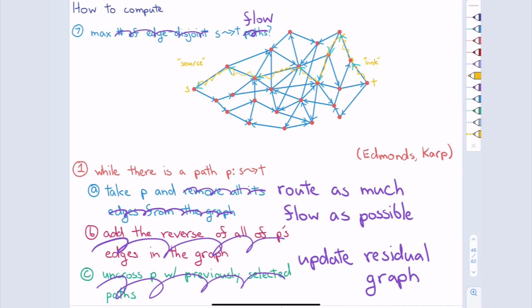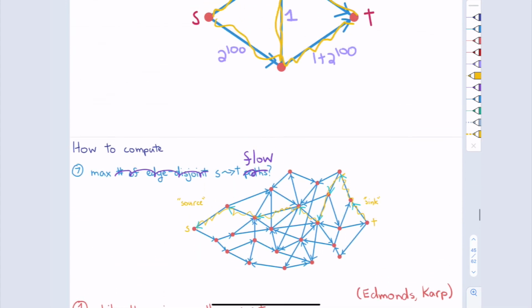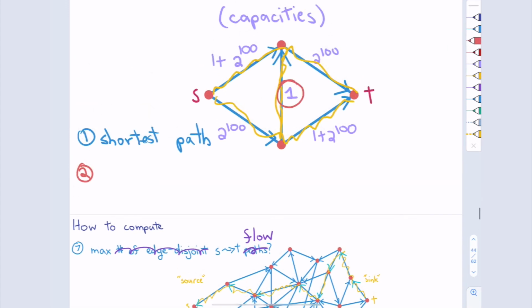All right, I'll mention two. One, that was suggested last class, is to always select the shortest path. A second one: what's the issue? In this example, using that edge of capacity 1 is a bad idea.